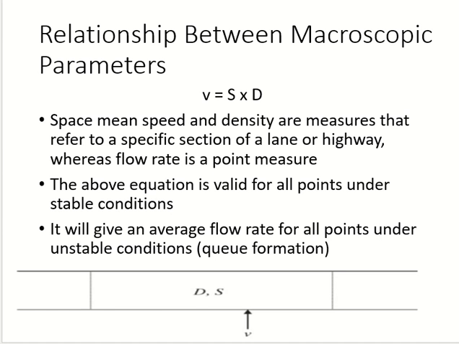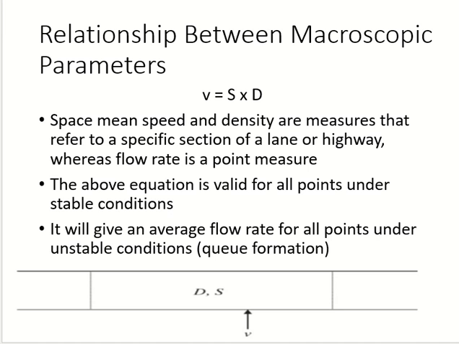For example, if you know spacing, you can find out density. If you know headway, you can find out flow rate. And if you know both of them, you can find out speed. Okay? And this is another relationship between the three parameters: flow rate, speed, and density.